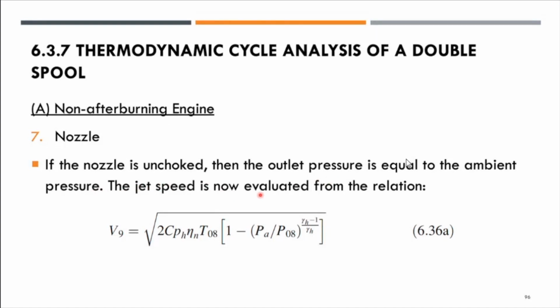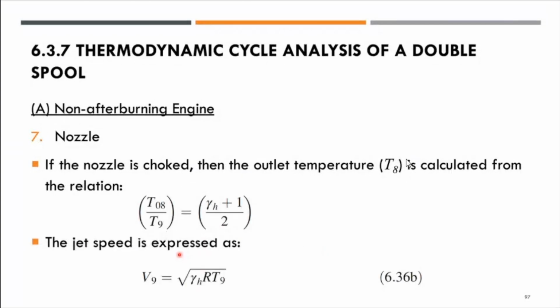The jet speed can be evaluated; V9 can be obtained from expression 6.36a. So in the case of the choked condition, the outlet temperature T9 is calculated from the relation, T08 over T9. The jet speed is expressed as V9 equals the square root of gamma R T9.